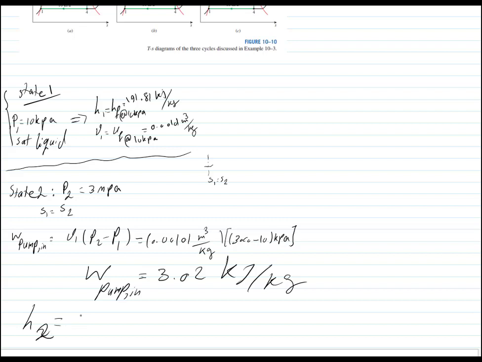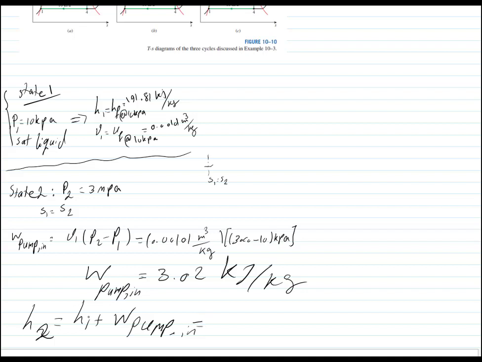Now, how can we find H2 or enthalpy in state 2 by using this equation, which we had in the previous slide as well. So H2, or enthalpy at state 2, is equal to enthalpy in state 1 plus W pumping, or the work which is done on the pump.